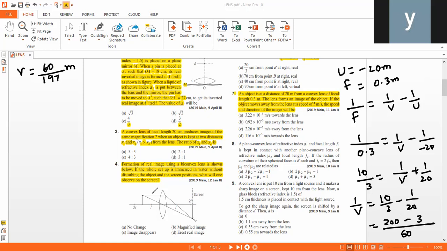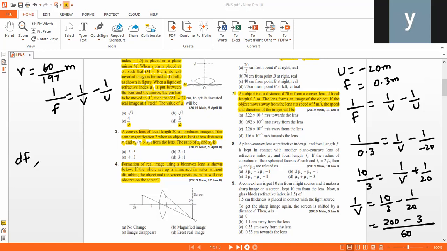Okay, fine. Now, if the object moves away from the lens at a speed 5 meter per second, the speed and direction. That means I know that 1 by f equal to 1 by v minus 1 by u.